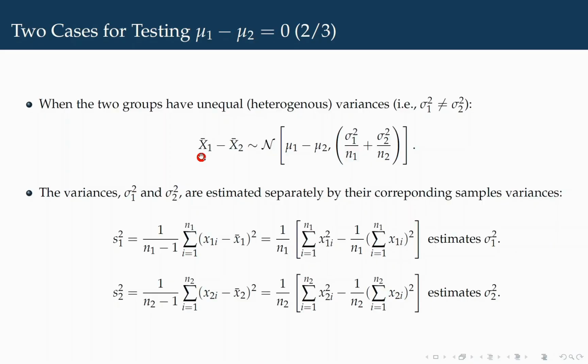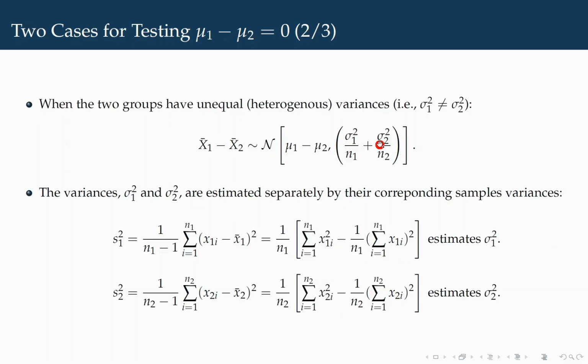So the variance of x bar 1 is sigma 1 square over n1 plus the variance of x bar 2 is sigma 2 square over n2.